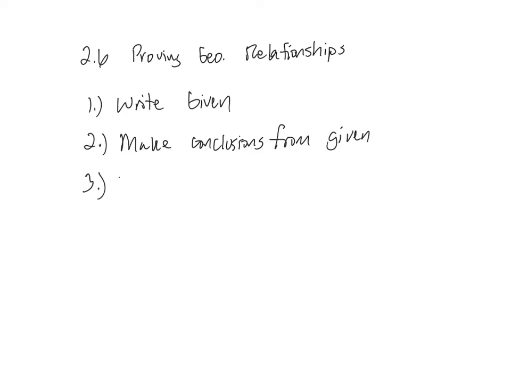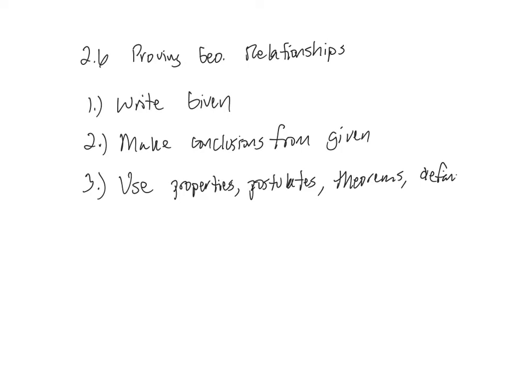So then number 3, and really for the rest of the proof until the very end, use properties, postulates, theorems, definitions, to add to the problem to make your argument.